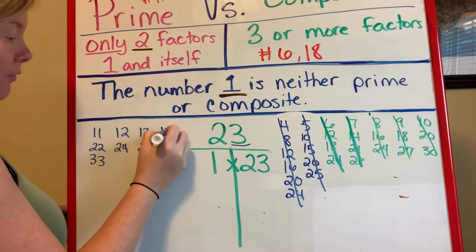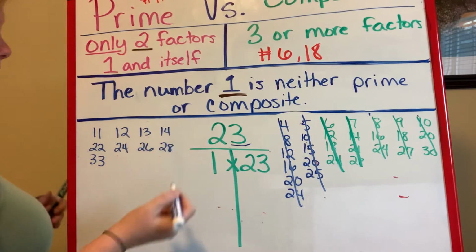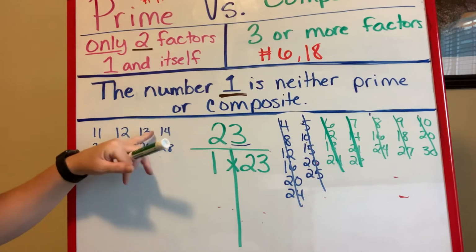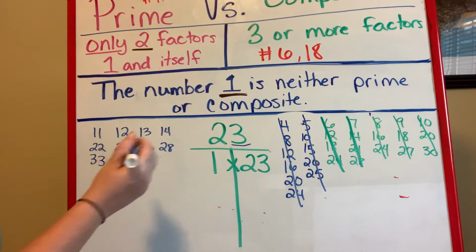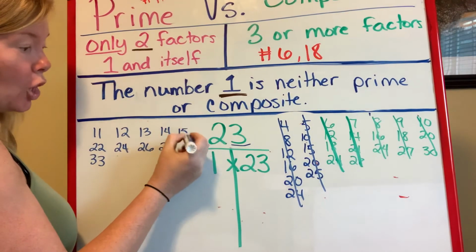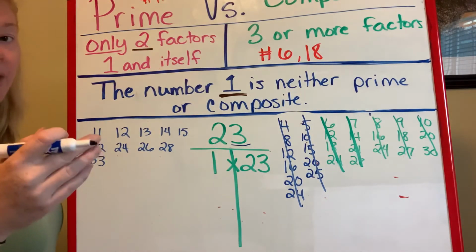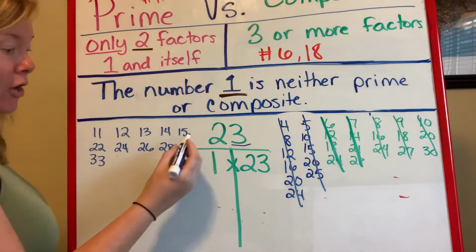Nope. 14, 28. Nope. I'm going to go ahead and tell you, because the number that you're starting with is so close to 23 that there's no way you're going to get another pair of factors for this one.